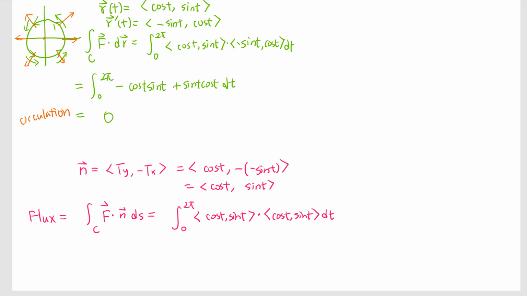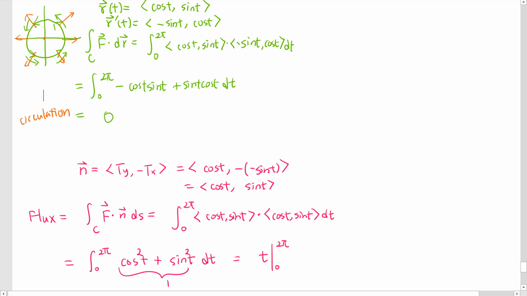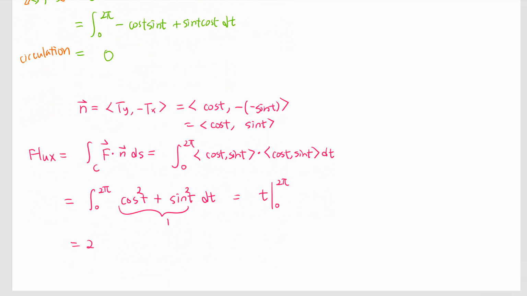So far, so good, everybody? And what do we get? Well, that equals the integral from 0 to 2 pi of cosine times cosine, so cosine squared, plus sine times sine, sine squared t, dt. Ooh, that is 1. Integral of 1 is t evaluated from 0 to 2 pi. We get 2 pi minus 0, which is 2 pi.